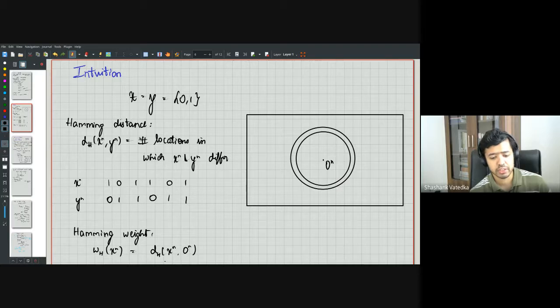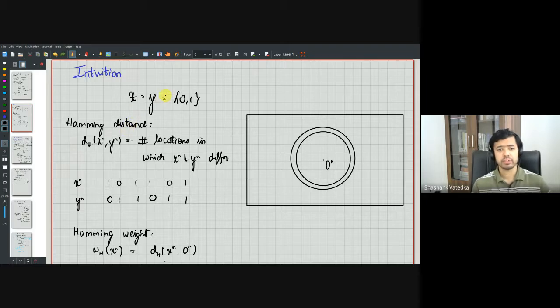We can't really visualize binary spaces very well, so I'll draw some diagrams which will give some geometric intuition, but this is not exact, in the sense that what I draw doesn't really correspond to binary space. Our brains are more hardwired to think about Euclidean spaces and Euclidean distances and not really Hamming distances, but the analogies will be very similar, and the intuition is basically going to be the same.